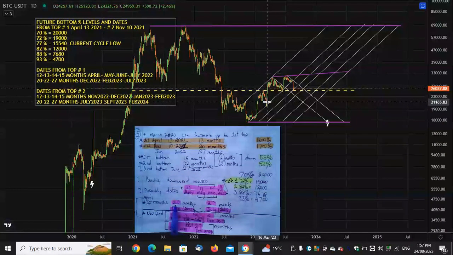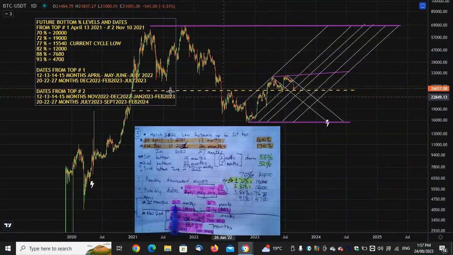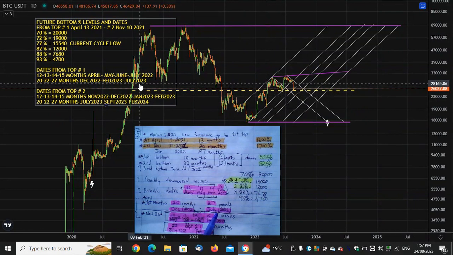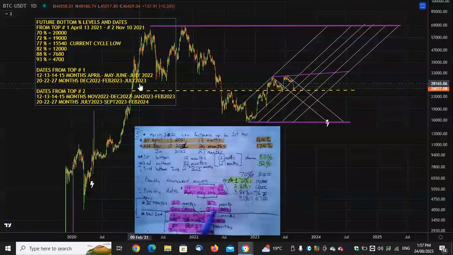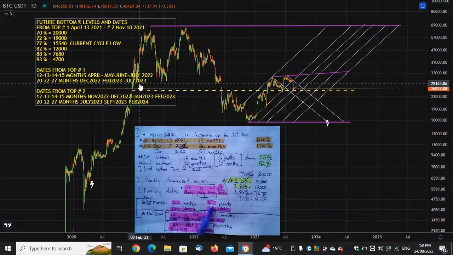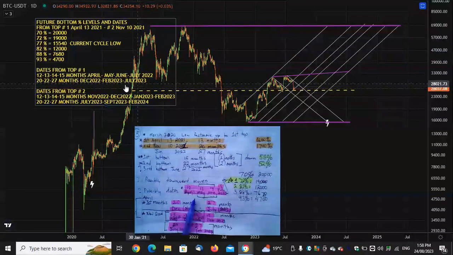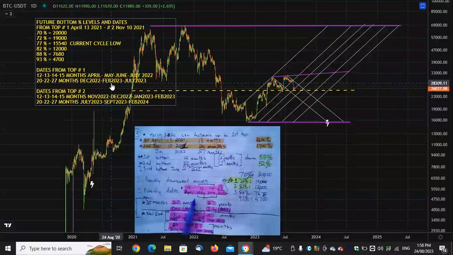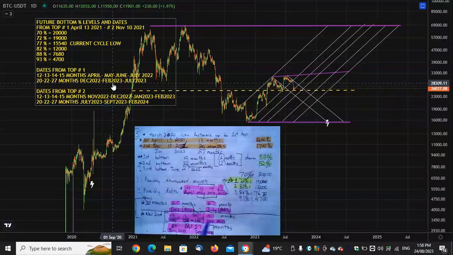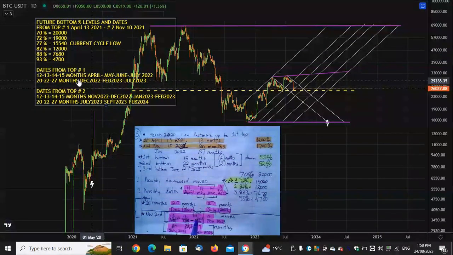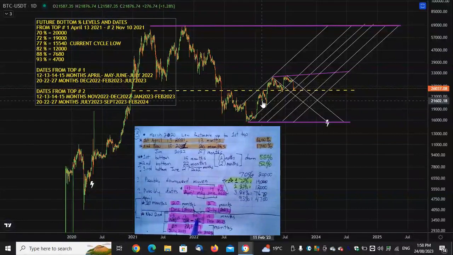Okay, so our next one in that sequence is July 2023, and that's our 27 months. Let's go take a look at that because it's really important that we discuss that. Also, this February is usually the 20 and 22 months in between where we have a really fast move up, and as you can see, we certainly did.